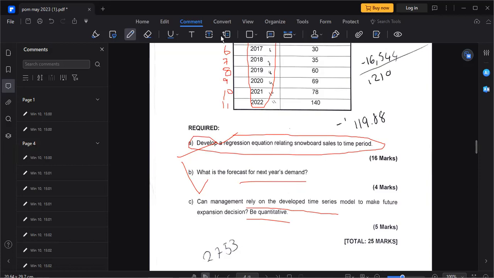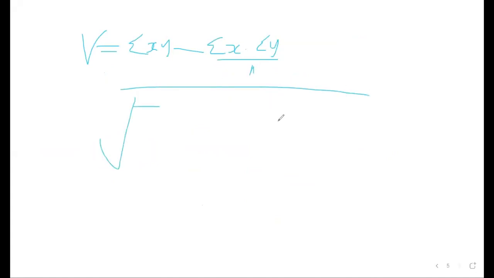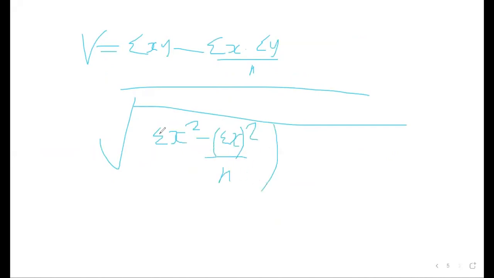So we need to find our R using this formula: summation of xy minus summation of x multiplied by summation of y over n, over the square root of summation of x square minus summation of x square over n, then the other one, summation of y square minus summation of y square over n.